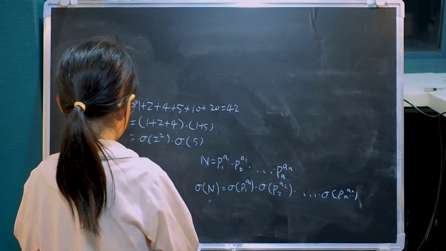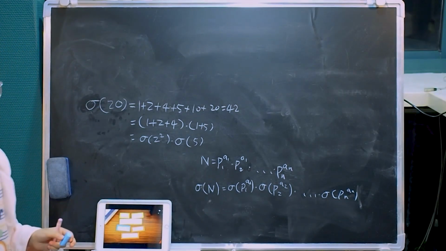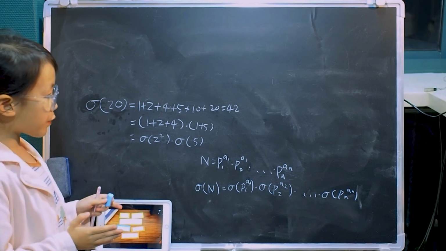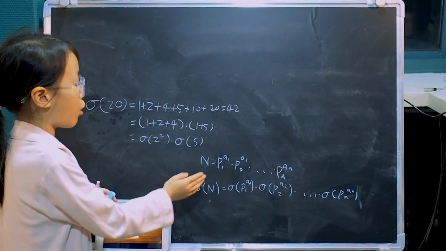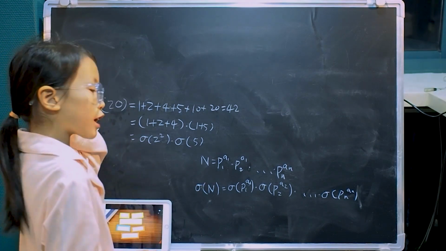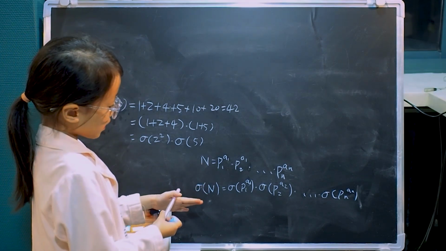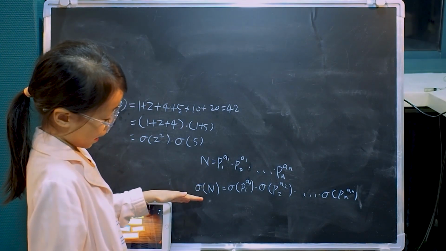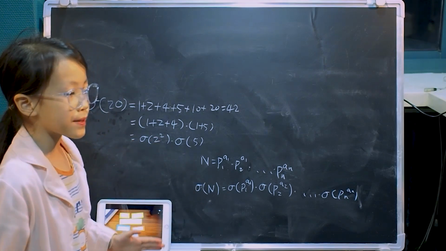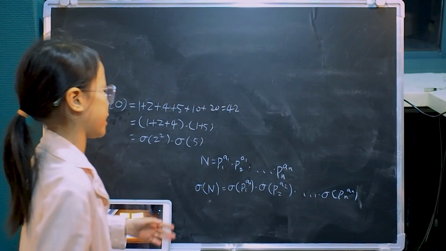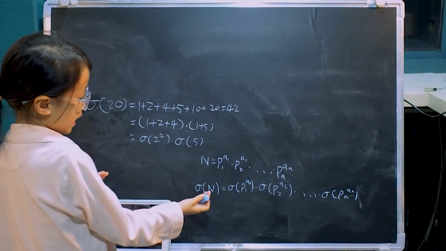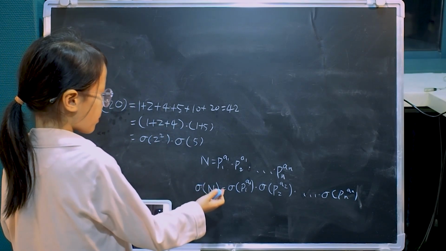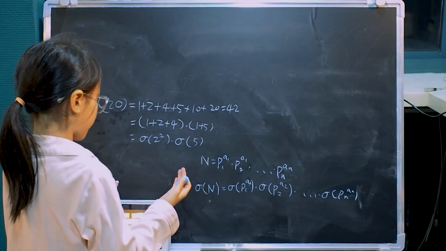So let's see the next thing. Now Euler is going to find the problem about when n is odd. That means if an odd perfect number exists, it must have a special form. So first, let's say n is an odd perfect number.